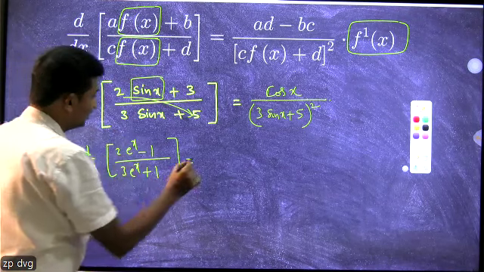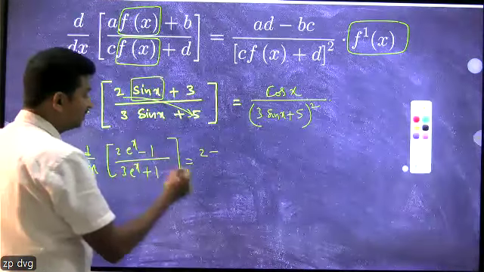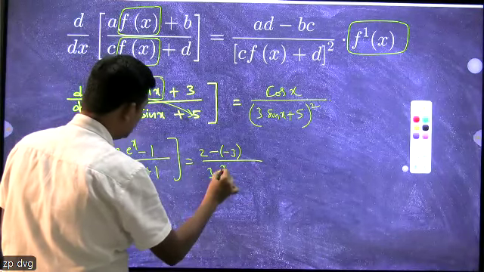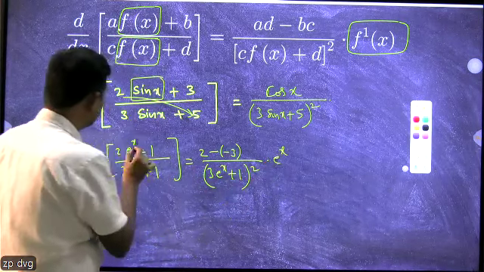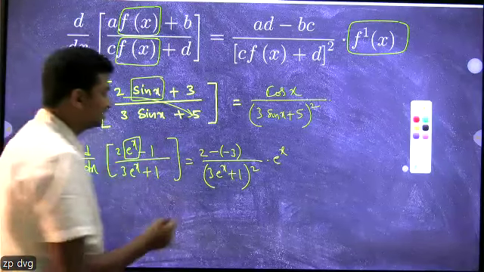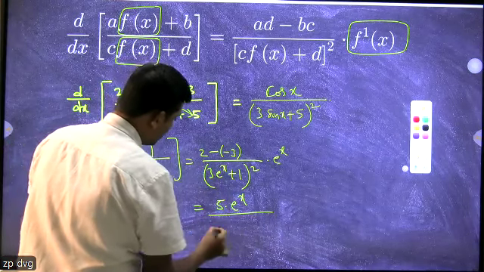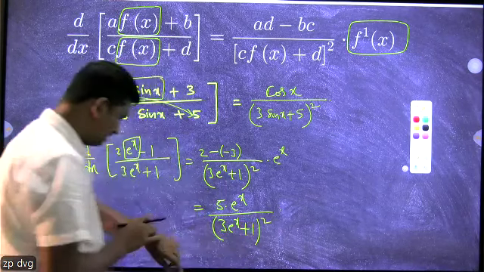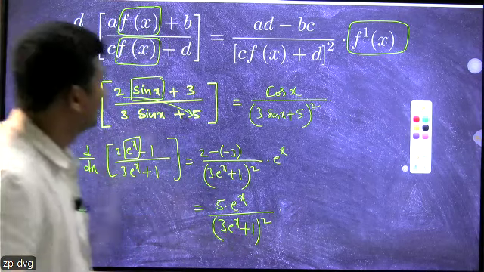AD, that is 2 into 1, minus BC, 3 into minus 1, that is minus 3, divided by denominator whole square, (3 e power x plus 1) whole square, into derivative of e power x. F of x is e power x, and its derivative is e power x. Minus of minus is plus, so this becomes 5 e power x divided by (3 e power x plus 1) whole square. You can write this answer directly. This is one shortcut.